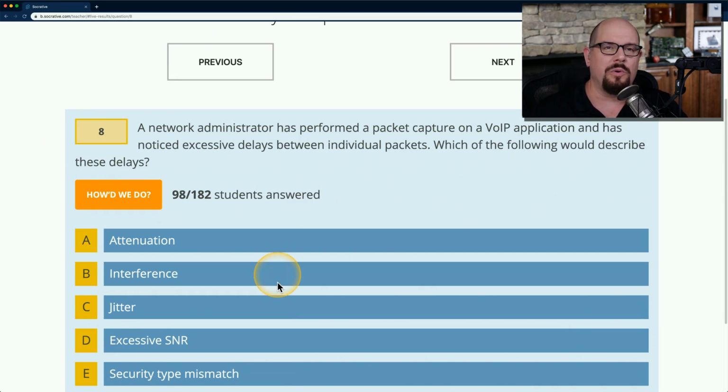Now, for those of you going way back to the beginning of the study group, we talked a little bit about some of these different things you would run into. And I specifically gave this one away. I told you for voice over IP applications, one of the things that's most important for us to know about is the amount of delay between the packets.